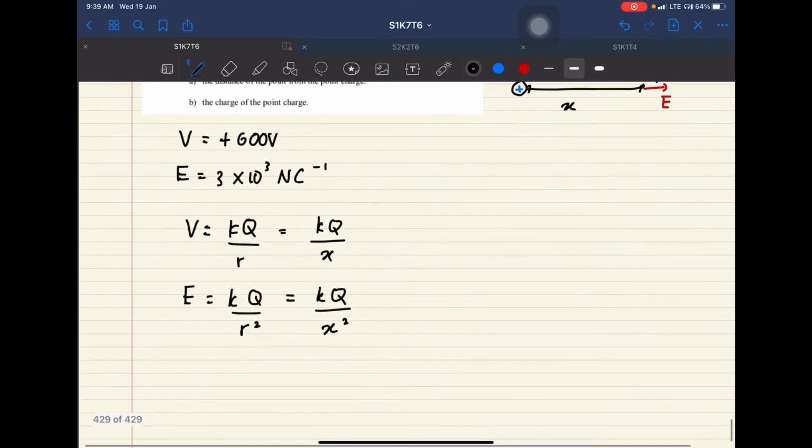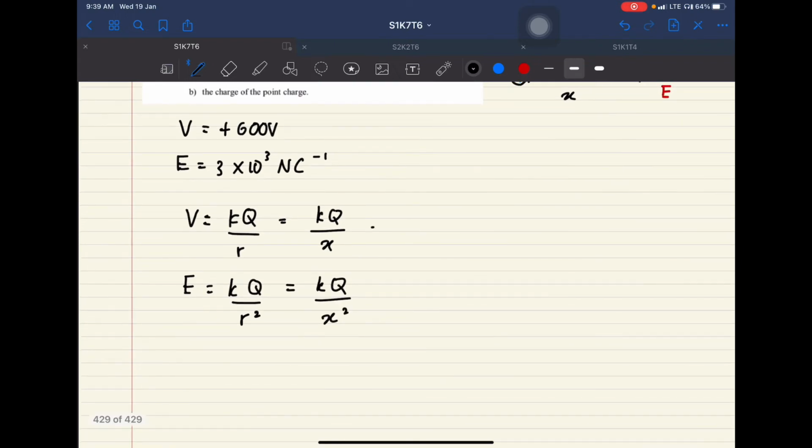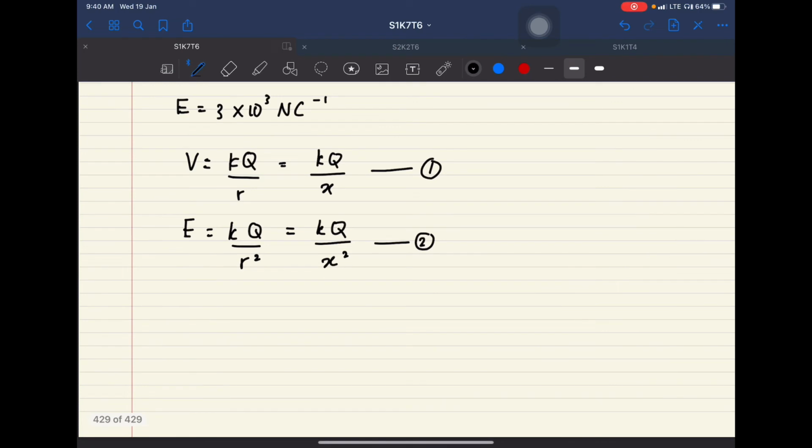You can see that if I want to find X, this is actually a very similar equation, except that the other one has X squared compared to X. So if I do 2 divided by 1, I can cancel out almost everything. Sorry, because X is down there, I think 1 over 2 is better.